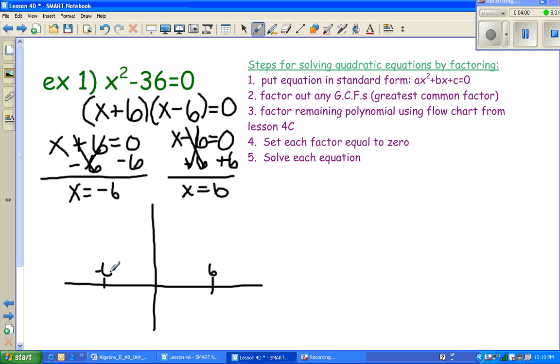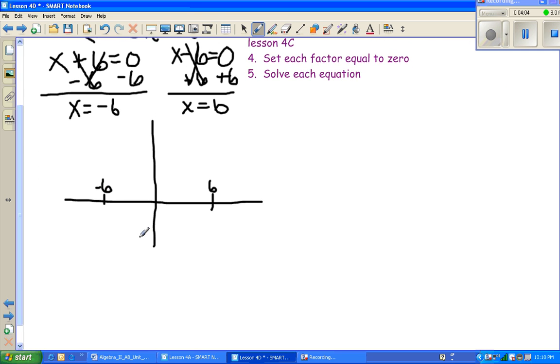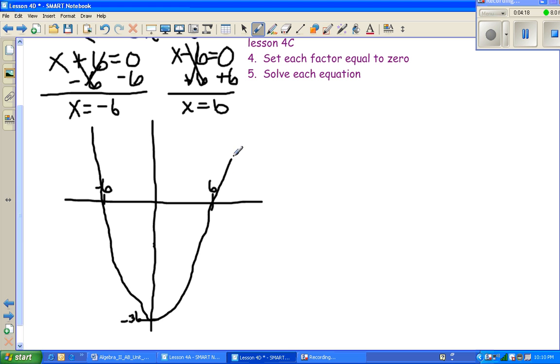Here's negative 6. This guy's going to come way down here to negative 36. And he's going to graph something like that. So your solutions are going to be your x-intercepts. They're going to be where your graph is going to cross the x-axis.